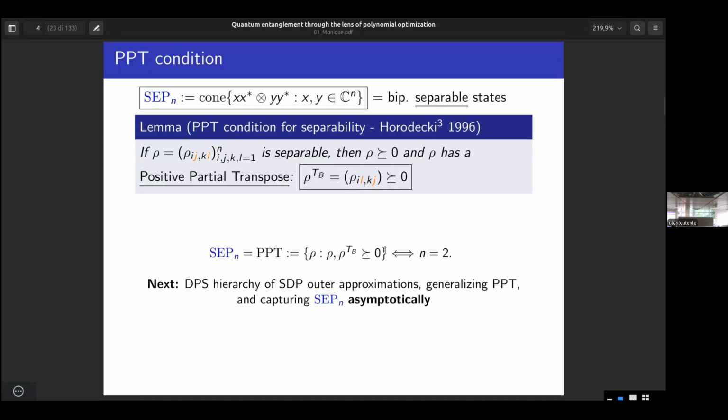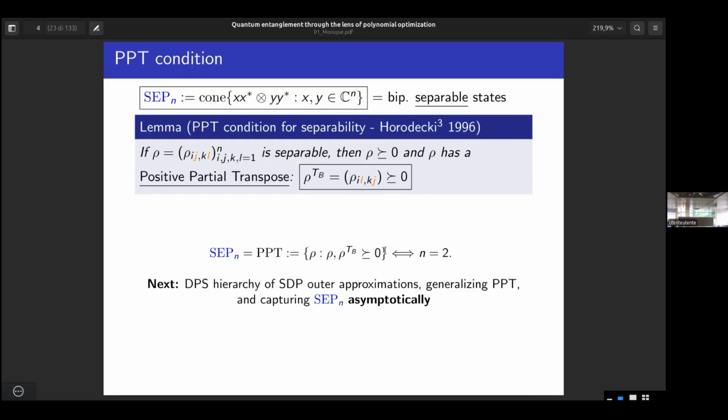So for n equal 2, the PPT condition is already sufficient to characterize separability, but not for n larger than 3. This is known. And so this is where the DPS hierarchy pops up. It enables to characterize in an asymptotic way the full separable cone. And it's generalized PPT.